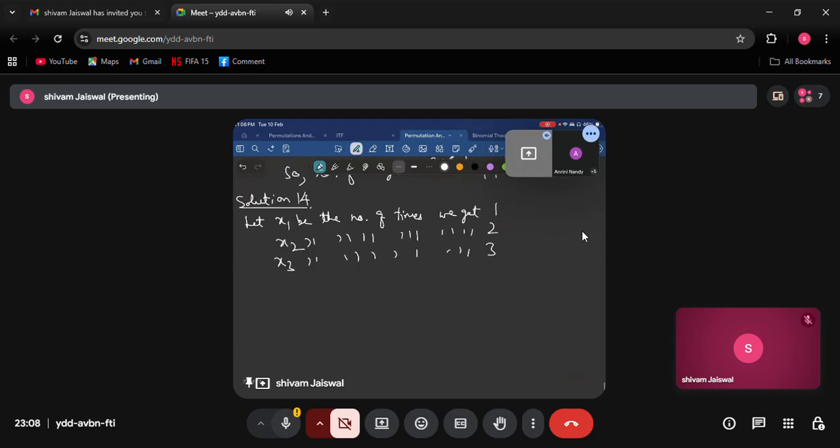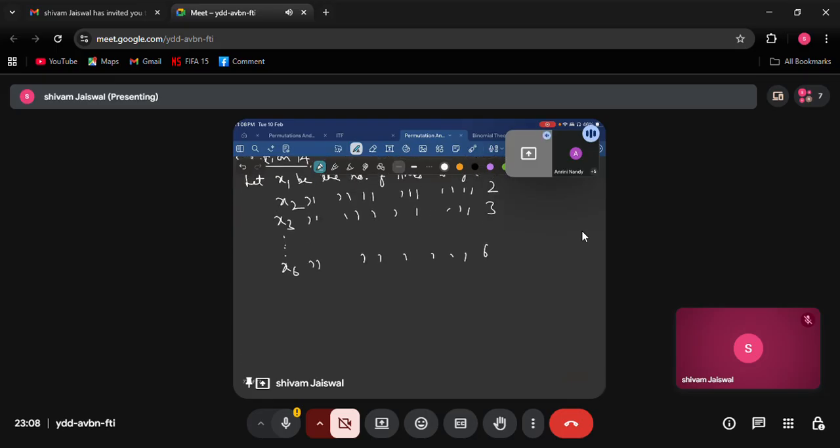Means we have thrown n dice, and let us say 1 you have got 1000 times, 2 you have got 4000 times, 3 you have got 0 times, and x6 you have got 6 times.